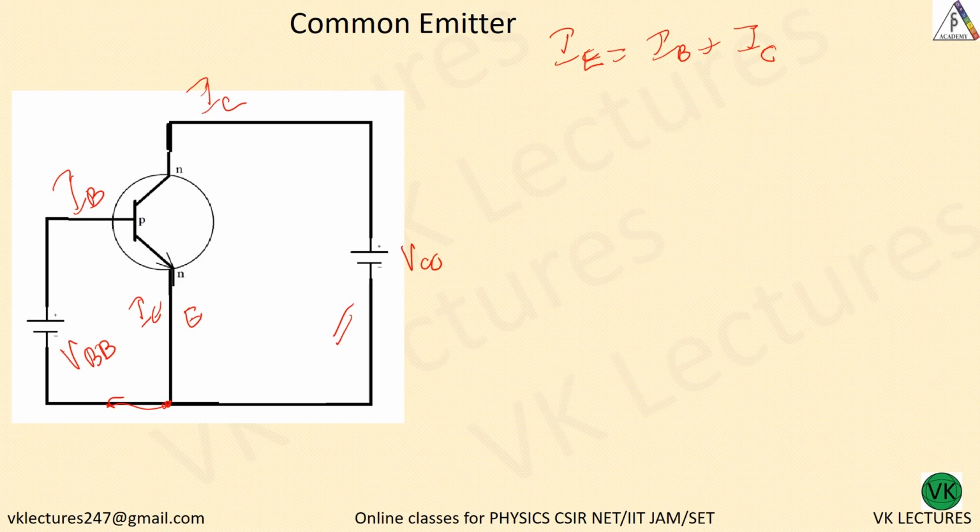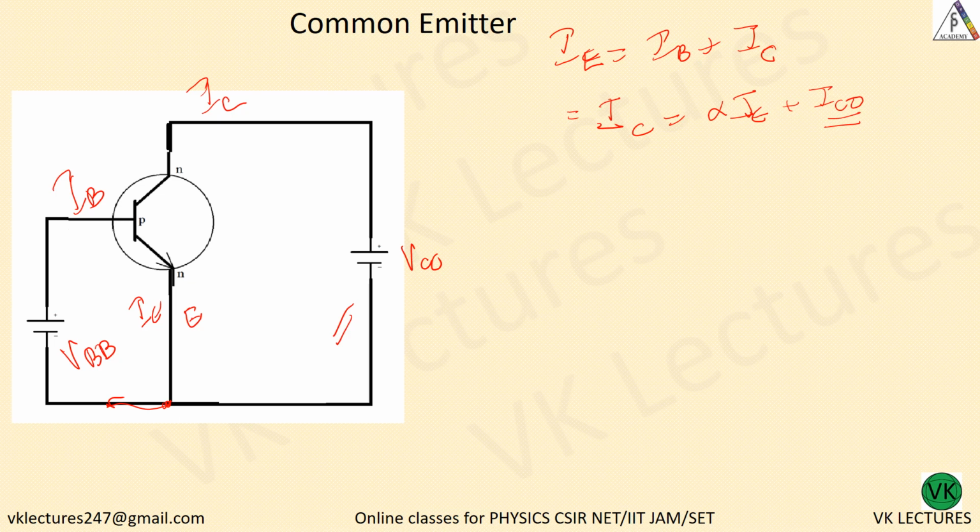Okay. Now, same application you can use. IC is equal to alpha times IE plus IC naught. We will neglect this value. IC naught can be neglected.